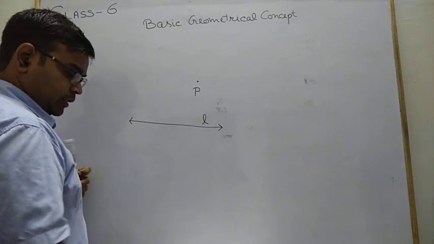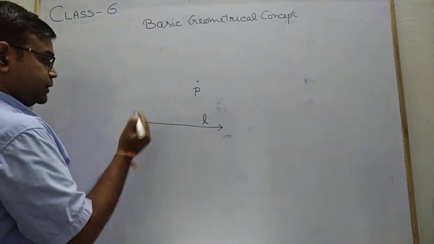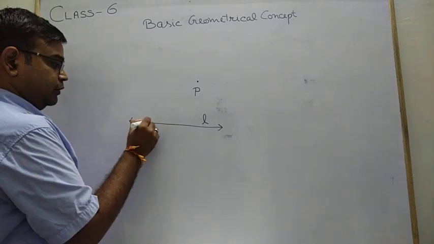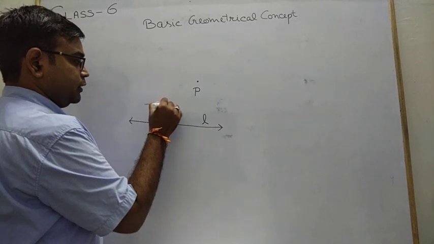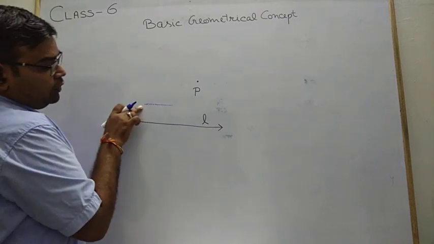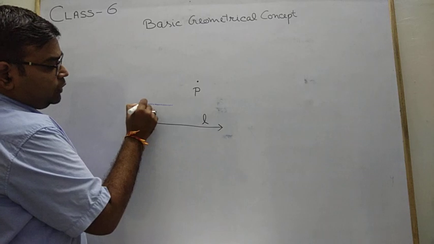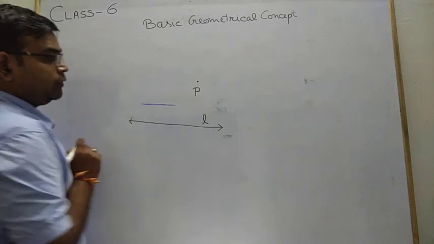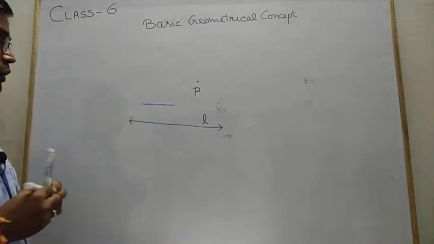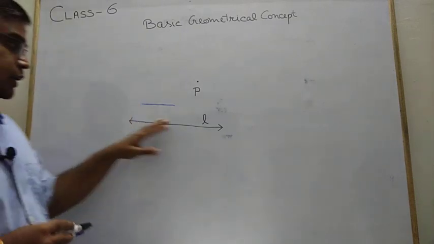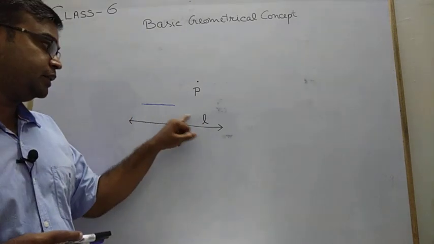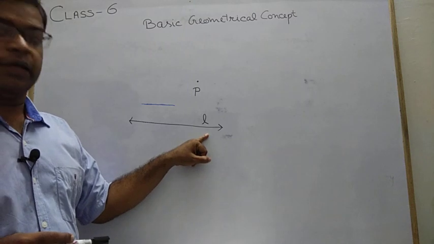You can see here, this line contains an infinite number of points, meaning if we use an infinite number of points, those points come together to form a line like this. So a line contains an infinite number of points.